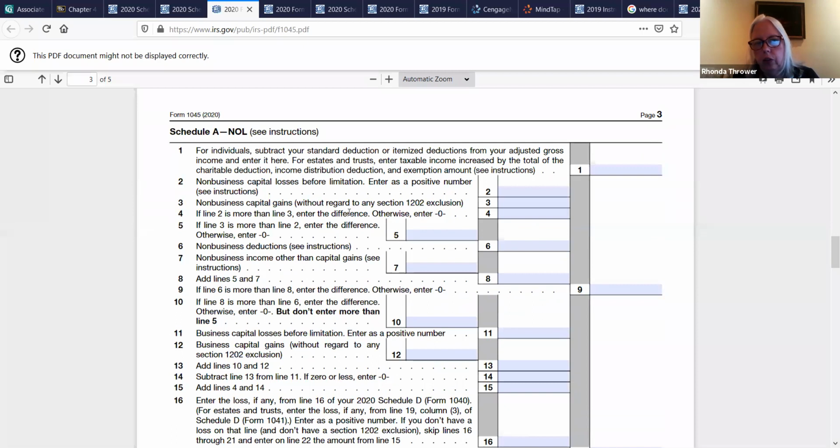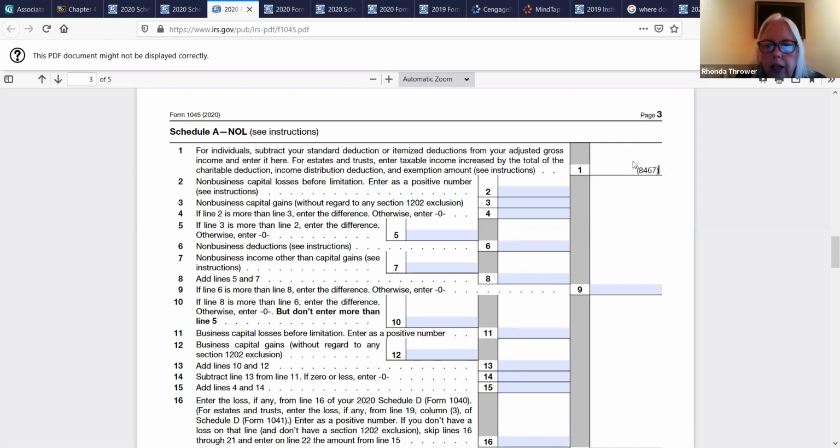So go straight to Schedule A, and we're going to complete line number 1. Line number 1 is your adjusted gross income that comes from the form 1040 less your standard deduction. So you're going to have to figure an amount that goes here, and that amount is 8,476.